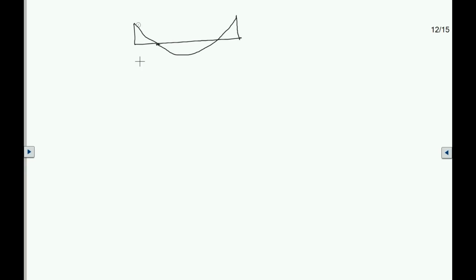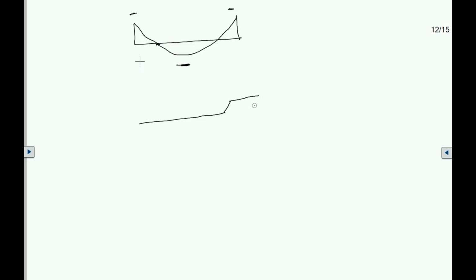Now what you need is steel at the bottom over here, and steel at the top here, and at the top here. So you will alternatively bend up the bars. If this is a straight bar here, near the support I'll bend it up and take it into the support.